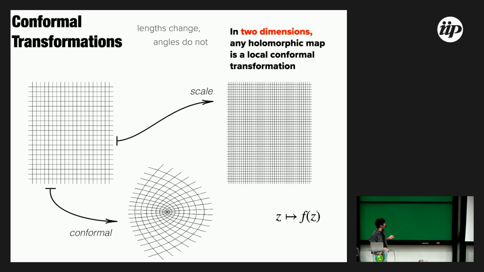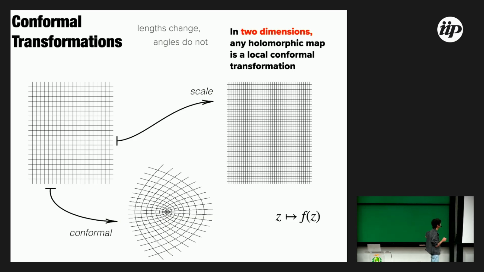But in 2 dimensions, it turns out that if you parameterize this plane, the original plane, by z, the complex number, any map which is holomorphic, that is, only depends on z, works. Any transformation with any f that you put here will only change the metric by an overall multiplicative factor and will preserve angles. This is a well-known fact from complex analysis.